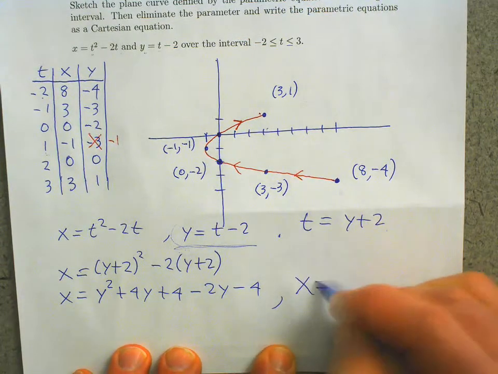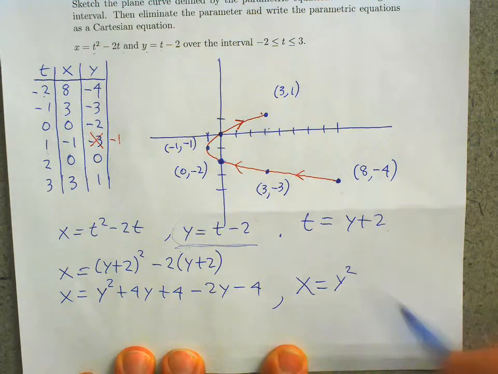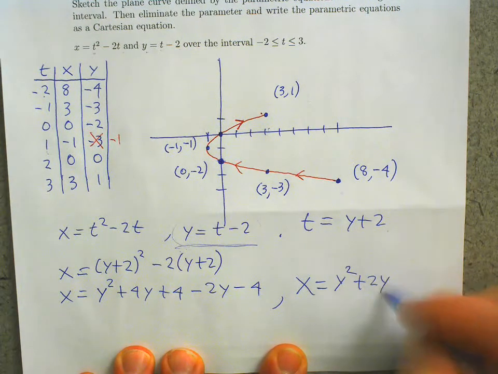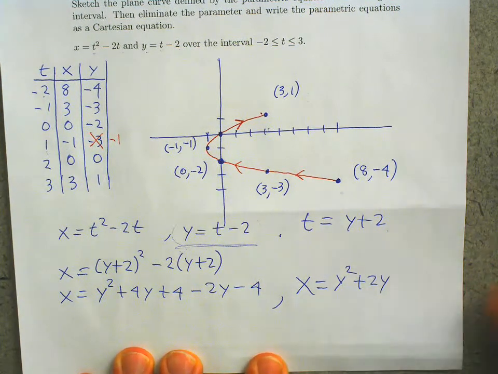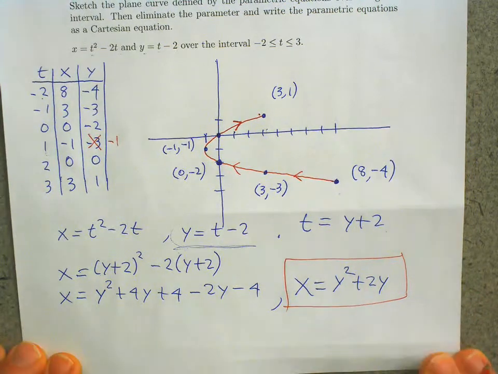And then simplify, we get x equals y squared plus 2y. This is our Cartesian equation.